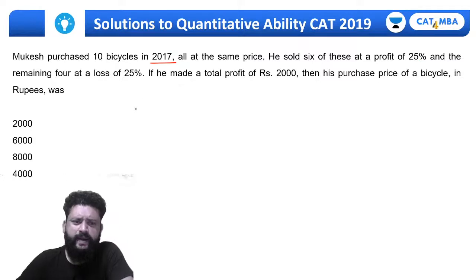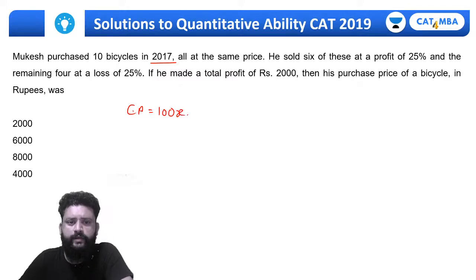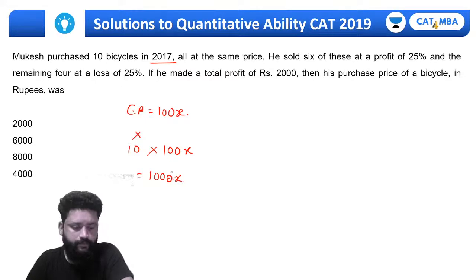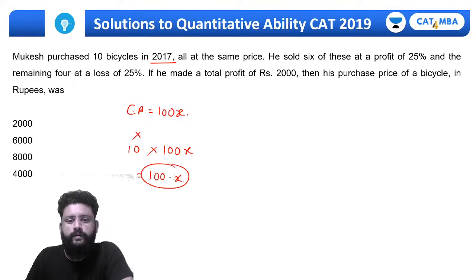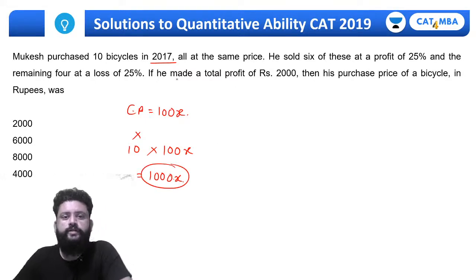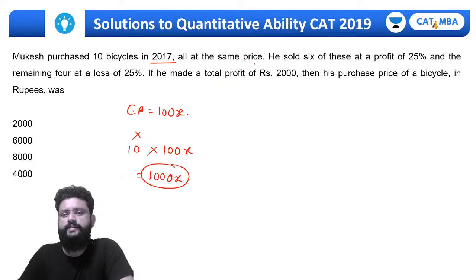So let's say the cost price of a bicycle is 100x. Okay, for one bike. So he purchased 10 such, so the cost price of 10 must be 1000x. Right? So all at the same price.